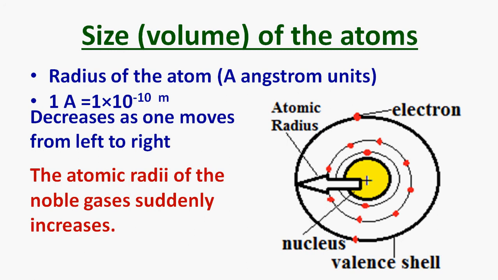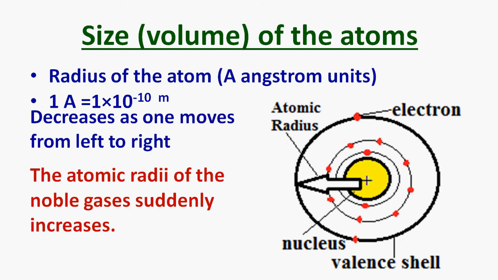So if an electron is being added in the valence shell, the same number of protons will be added in the nucleus. And we know that the protons are positively charged, and there are nuclear forces between protons and the electrons. So when more electrons are added in the outermost shell, the protons exert a pull inwards. More electrons are added, so more pull inwards is there.